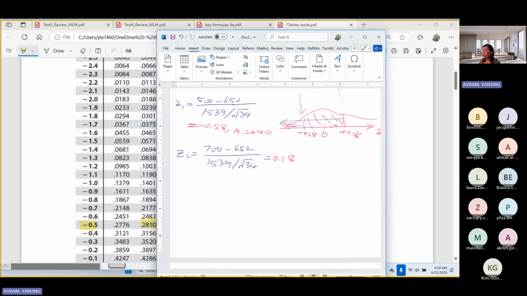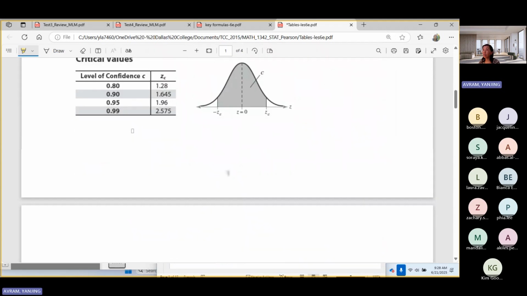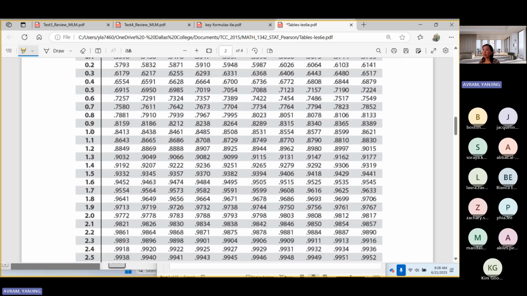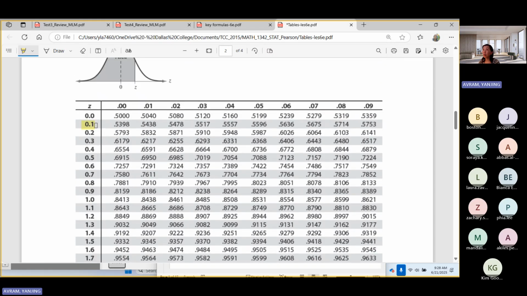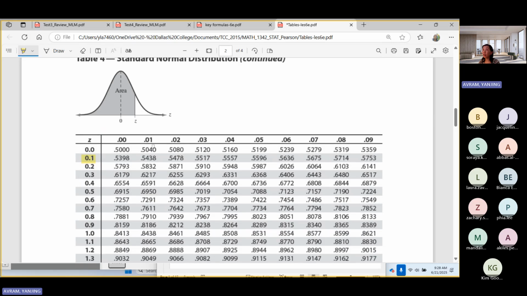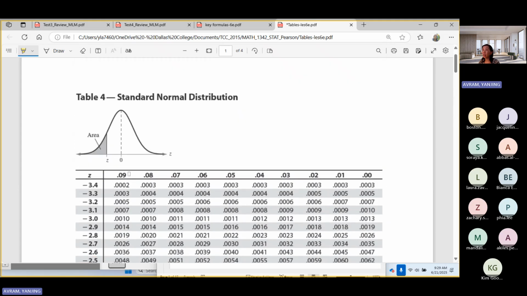Okay, this is A1. This is A2. All right, we're going to read the A2, which is G-score positive 0.18. Positive. So you have to come down here to have a positive 0.1. 0.1 in here, right? And look at the positive and the negative table. The G-score table is a little bit different. This starts with 0.01, 2, 3, 4, 5 in here, right? On the negative one, this is 0.09, 0.02.